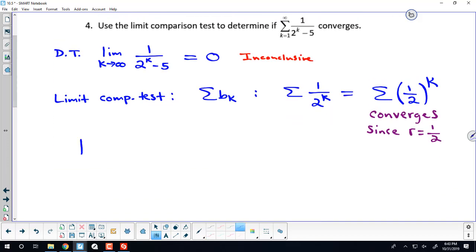So then all we do is compute the limit at infinity of the given series divided by the chosen series, or multiplied by the reciprocal of the chosen series. So what would our limit be? 1, right? It's 2 to the k over 2 to the k.